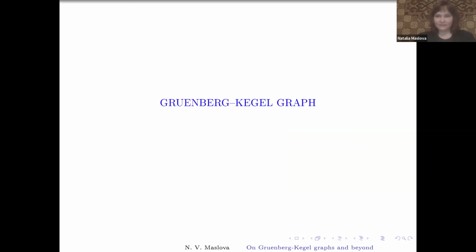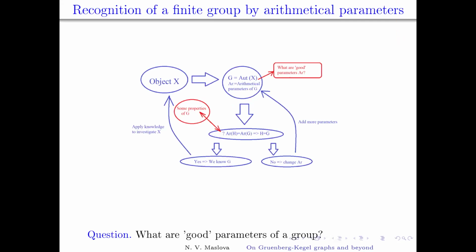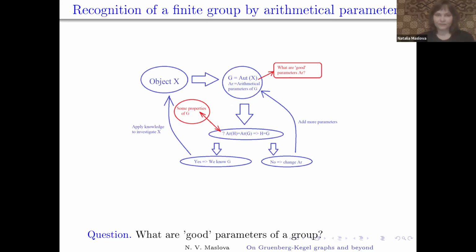Let us think about Gruenberg-Kegel graphs themselves. Here, the root of this problem is the following. If you take an object and the homomorphism group of this object, usually we don't know this group a priori. So our aim is to try to construct this homomorphism group using some properties of the object.